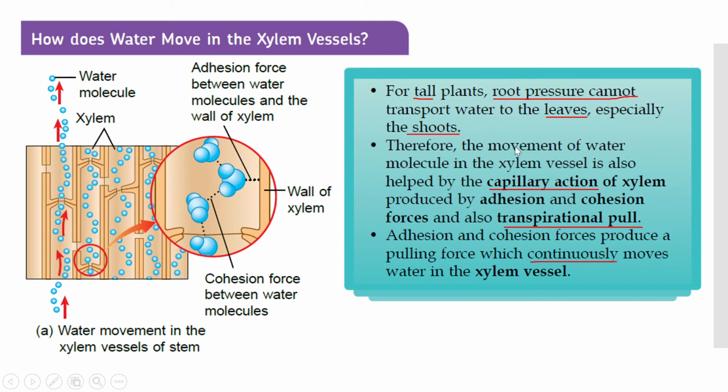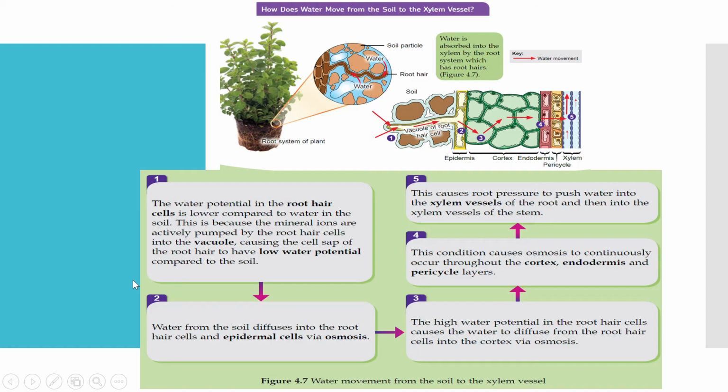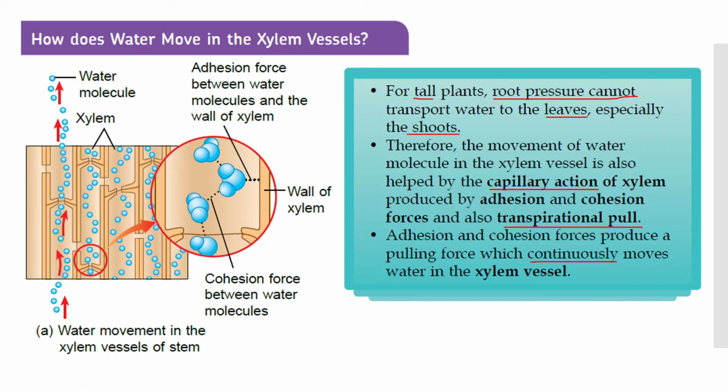Therefore the movement of water molecules in the xylem vessels is helped by capillary action. If the plants are very short, no problem moving from the roots to the stems to the leaves. But imagine if it is more than 100 meters tall, the big woody plants, root pressure itself cannot sustain. So there must be help from capillary action by means of adhesion and cohesion forces.